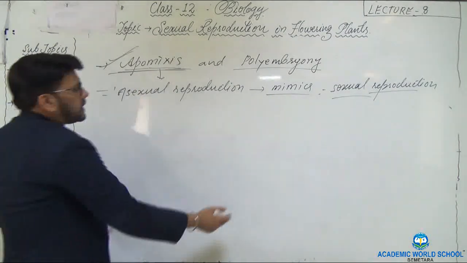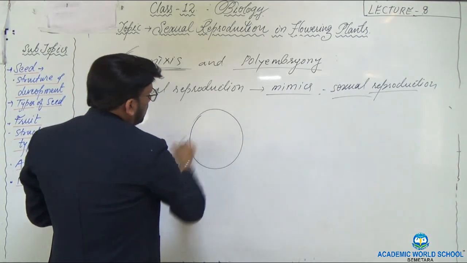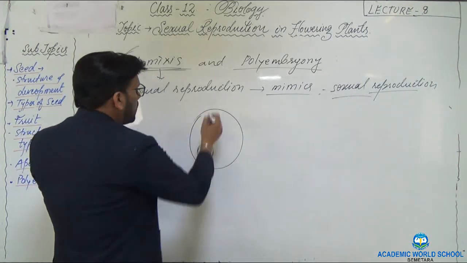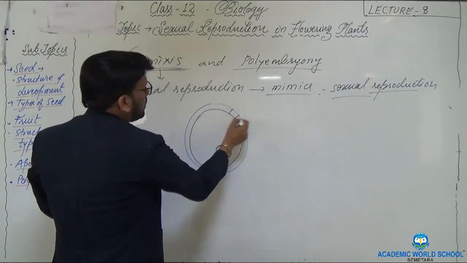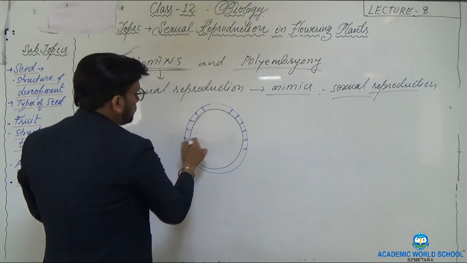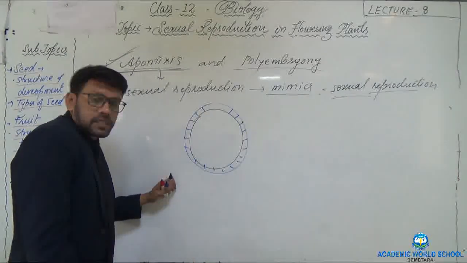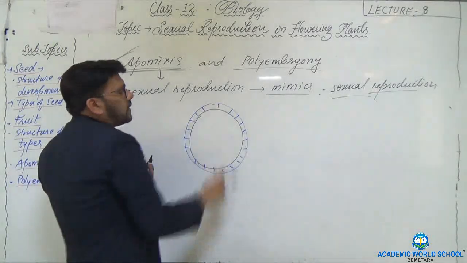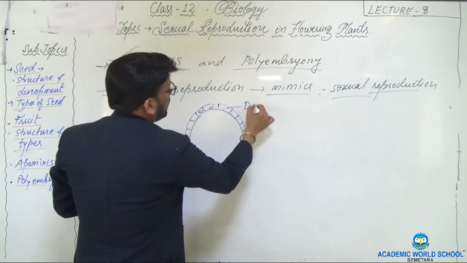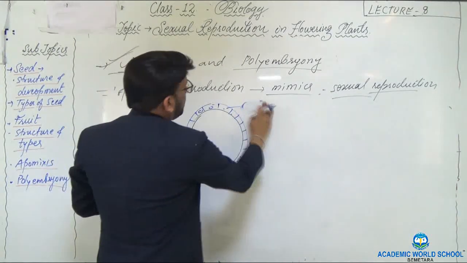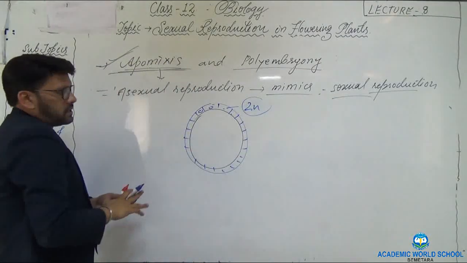For example, suppose this is the ovule. Then out of the ovule there are the nucellar cells. What are nucellar cells? These nucellar cells are diploid. Diploid means 2n.